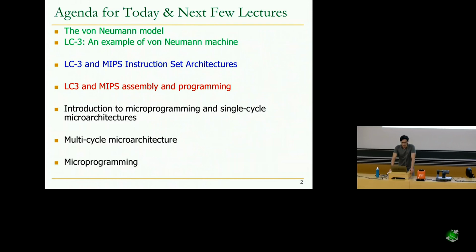And we will start learning the LC3 architecture as an example of a computer that follows the von Neumann model. But it's not the only one, so we are also going to talk about MIPS. We won't talk about MIPS with such a level of detail, but we will also get familiar with the MIPS ISA, and of course the LC3 ISA.